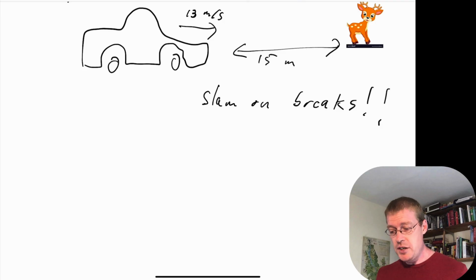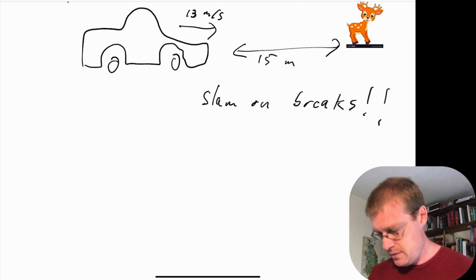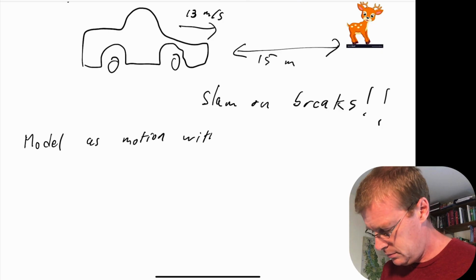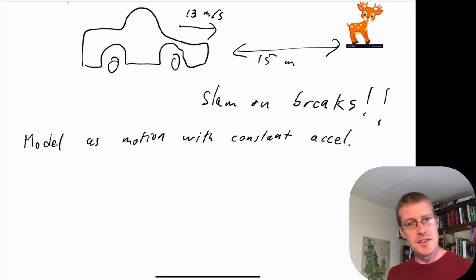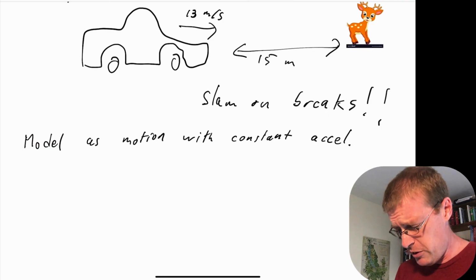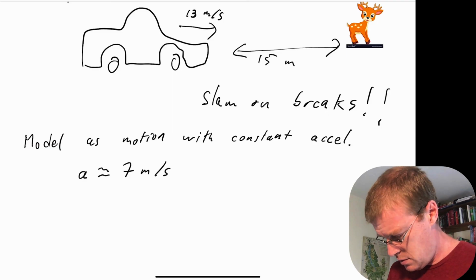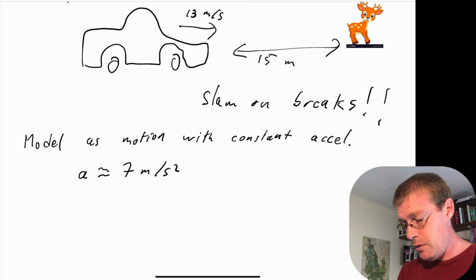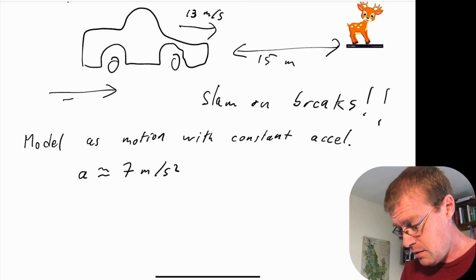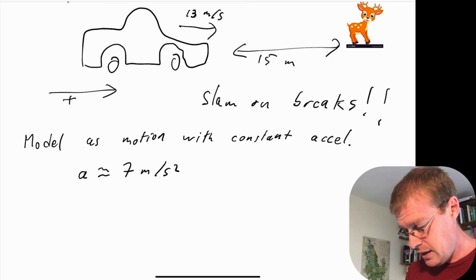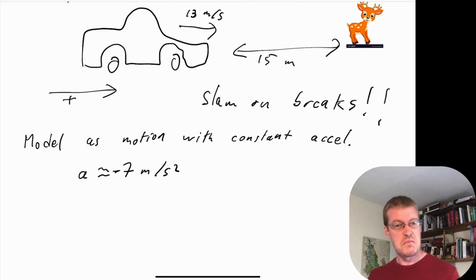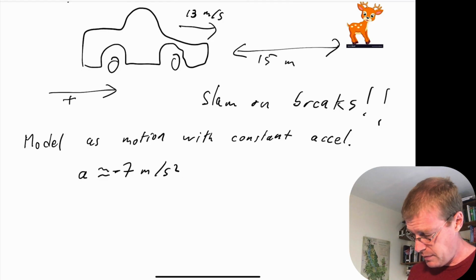And a reasonable way to model what's happening here is think about it as motion with constant acceleration. And as I said, the acceleration should be around 7 meters per second squared. And I guess in this case, if I make this the plus direction, then I guess the acceleration is.